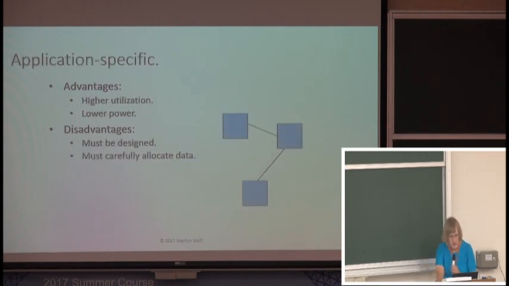So, actually, I think in the case of neural networks, application specific would make sense if you could unroll the network and have a different network topology for each stage.